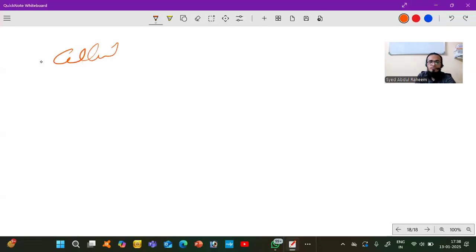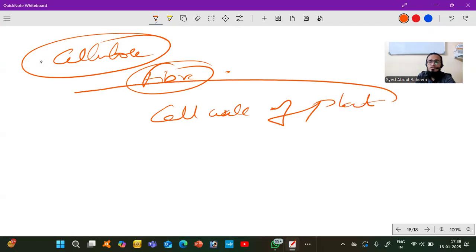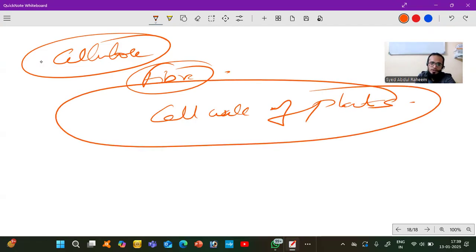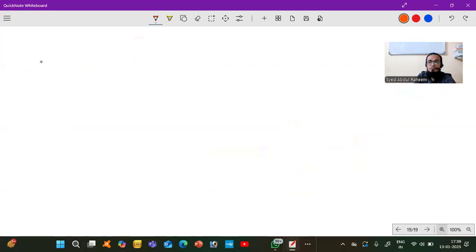Next is cellulose. Cellulose is a fiber. I already told you that fiber is present in the cell wall of plants, in all the vegetables, and it is non-digestible, but it is very important as a dietary fiber. It will not be digested, but it will help digestion.